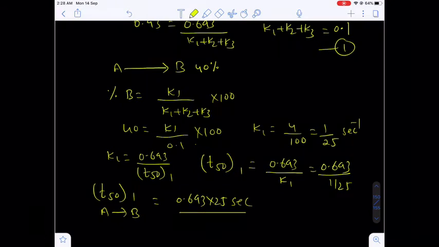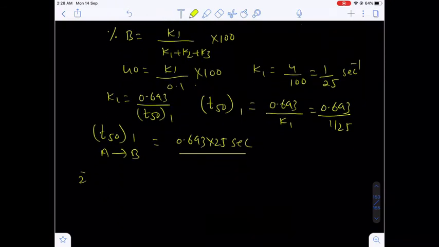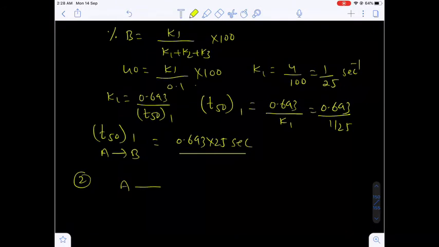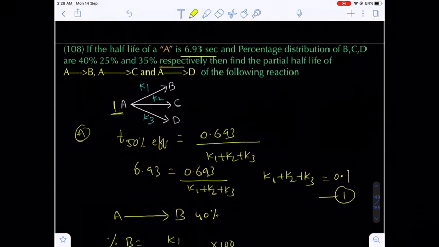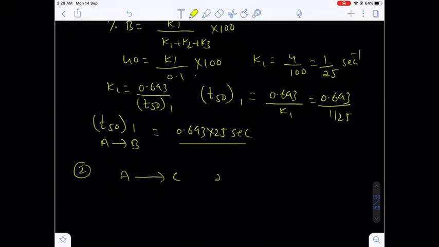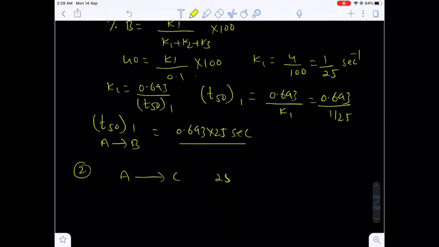Seconds. In a similar way, if you want to calculate the half-life in the path of A to C, what is the percentage of C in the mixture given here? 25%. So 25 will be equal to K2 upon K1 plus K2 plus K3, that will be again 0.1 into 100.